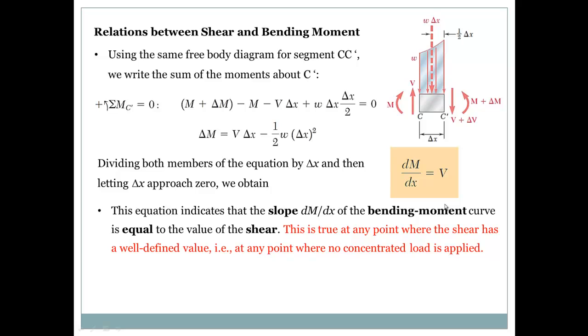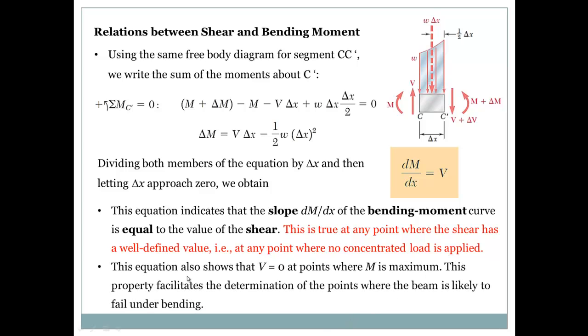So if I have an equation for the moment diagram, if I differentiate this equation, I will get the equation for the shear diagram. This equation also shows that V equals 0 at points where M is maximum. That's from calculus. This property facilitates the determination of the points where the beam is likely to fail under bending.